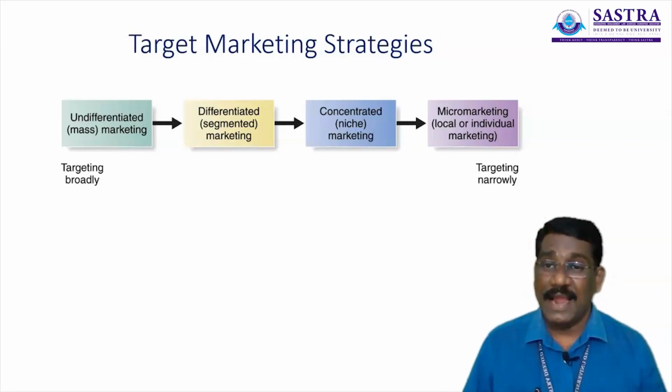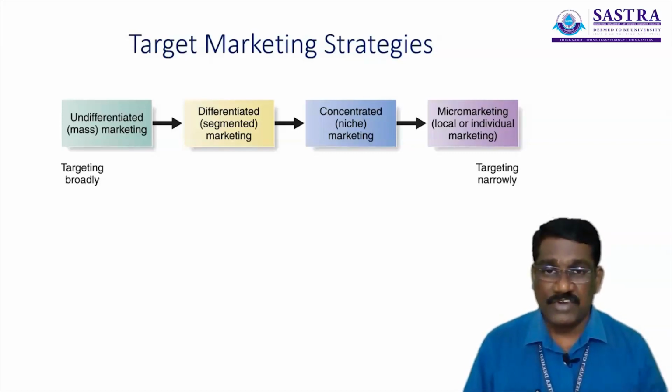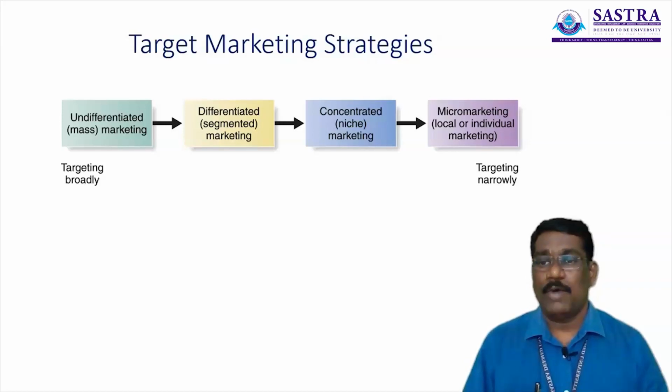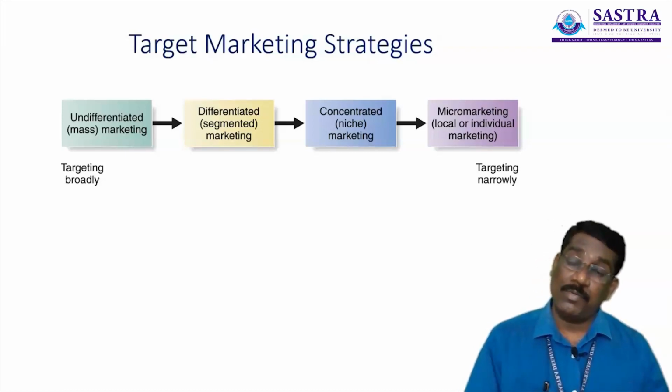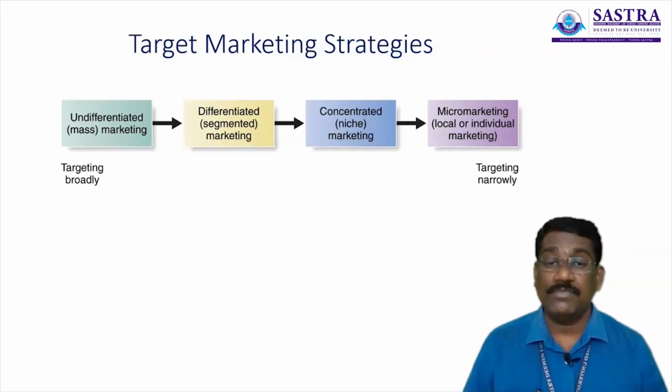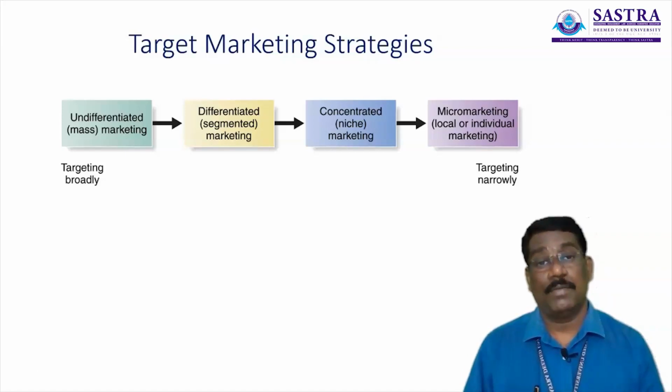In that spectrum, you have different target marketing strategies you can employ. One is undifferentiated marketing, differentiated marketing, concentrated or niche marketing, and micro marketing, in which there are two concepts involved: one is local marketing, the other is individual marketing.